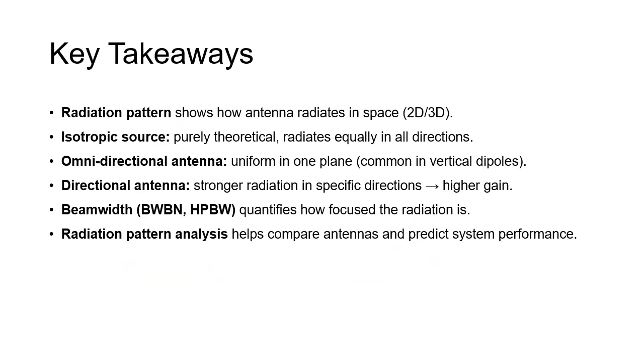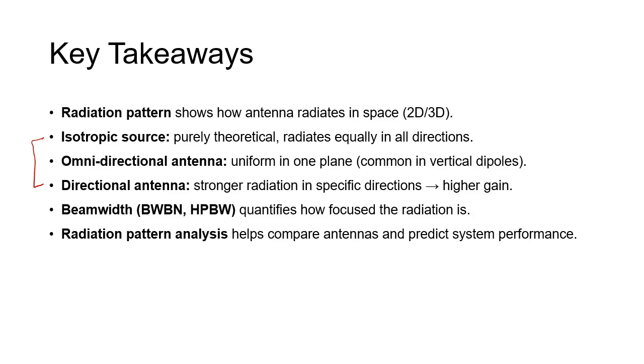Now we are with the takeaways from this video. We have learned what a radiation pattern is, which shows how the antenna radiates in two-dimensional or three-dimensional space. We have learned that there are three types: the isotropic source, which is theoretical, and the omnidirectional, closest to the isotropic, uniform in one plane and varying with angle in another plane.